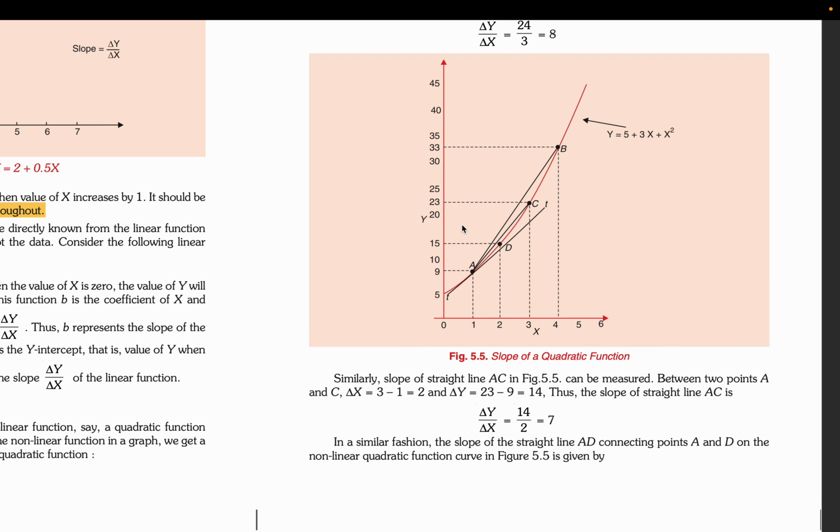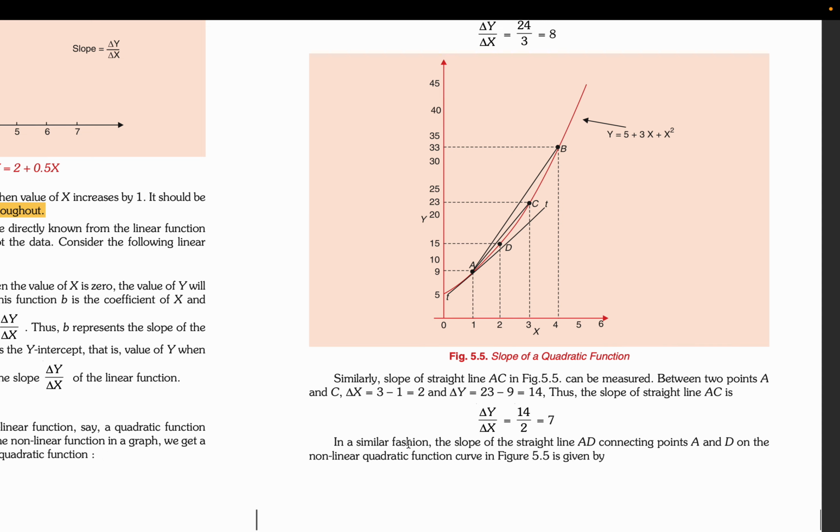Delta y basically just means whatever the change is, whether it's an increase or a decrease. So moving from A to C, 23 minus 9 gives us 14. So the numerator is 14. Talking about the denominator, we've moved from 1 to 3, so 2. So 14 by 2 gives us 7.